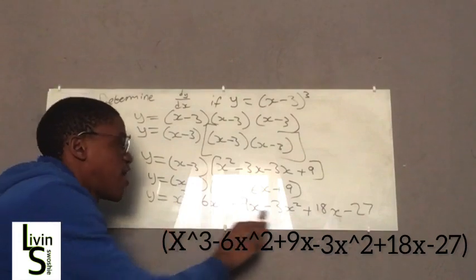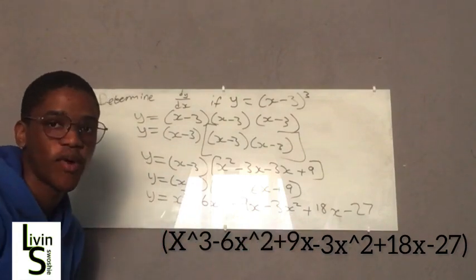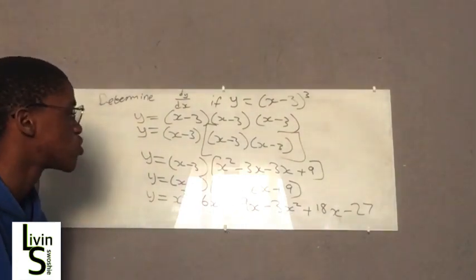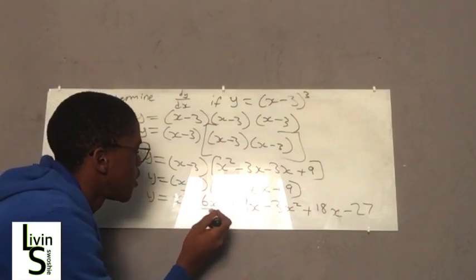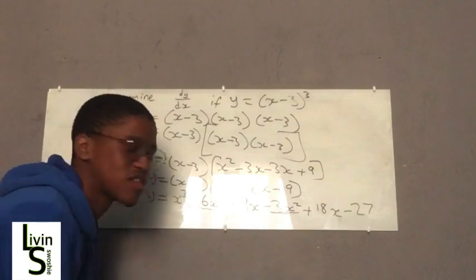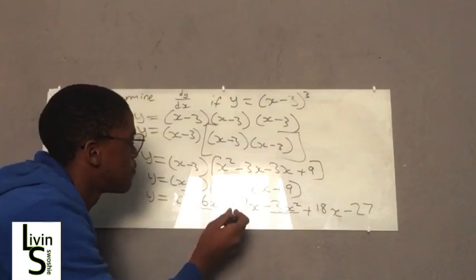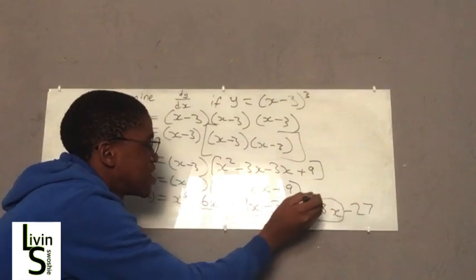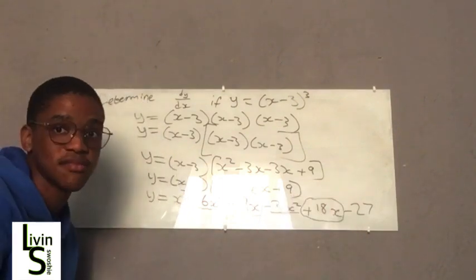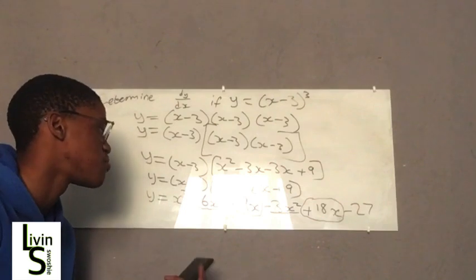Now we have to simplify this to become one formula. So we are going to identify the like terms, which in this case is negative 6x squared with this negative 3x squared. We have this positive 9x with this positive 18x. Those are our like terms in this situation, so we have to simplify those.